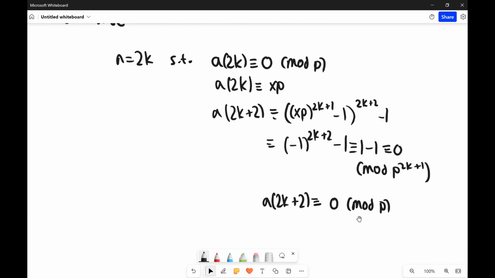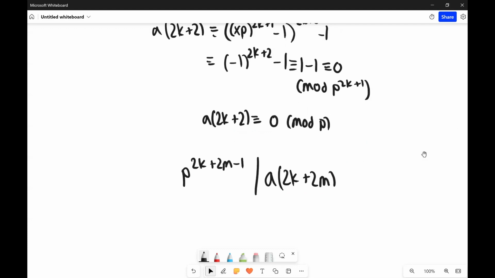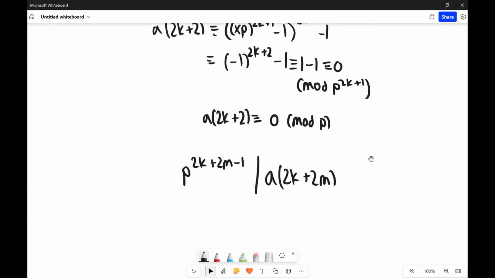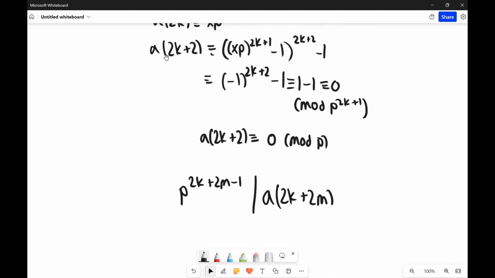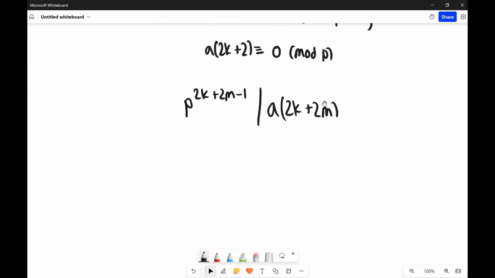This inspires us to use induction to build up. In particular, we conjecture the following: that p^(2k+2m-1) divides a(2k+2m) for all positive integers m. So now let's prove this. For m = 1, we've just proven this above, right here. Now assume that the claim holds for m. That is, we have that this is true. Then a(2k+2m) is equivalent to 0 mod p, obviously.